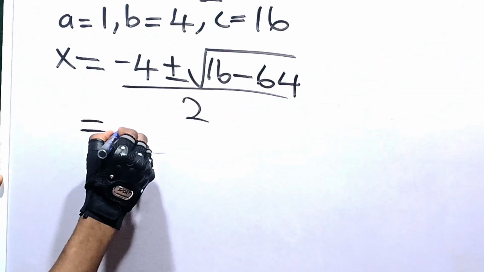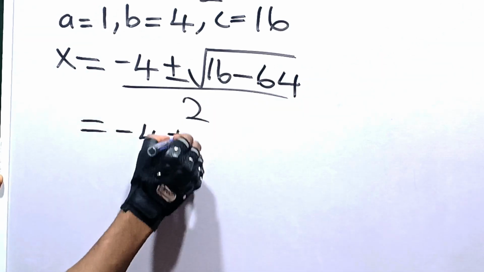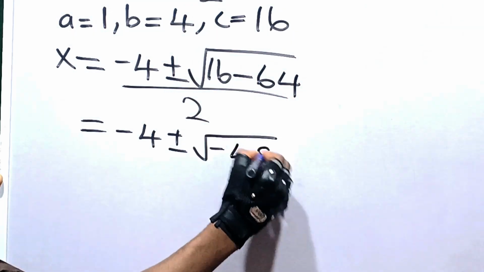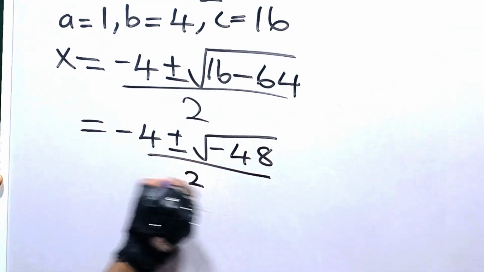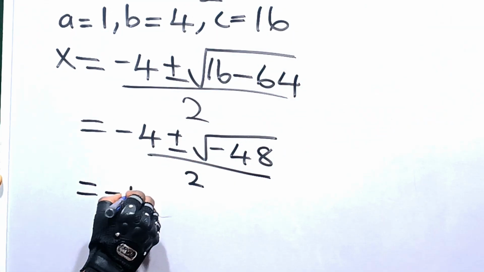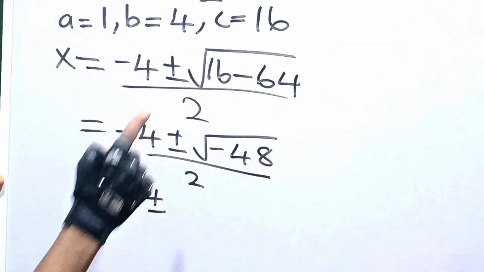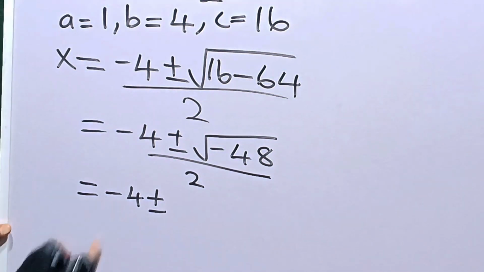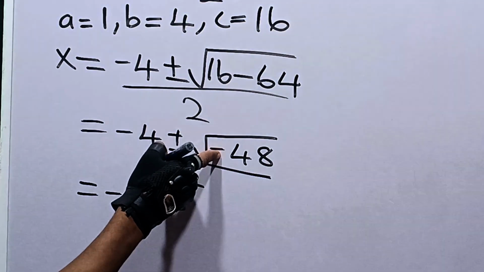This is now equal to minus 4 plus or minus square root of negative 48, divided by 2, which is equal to minus 4 plus or minus root of 48, which is the same thing as 4 root 3, and the root of minus 1 is i.